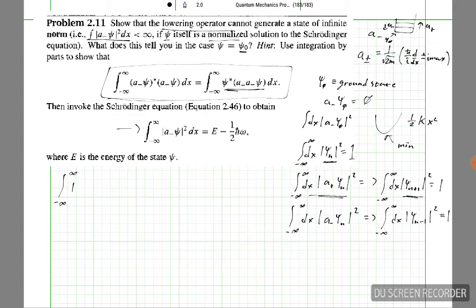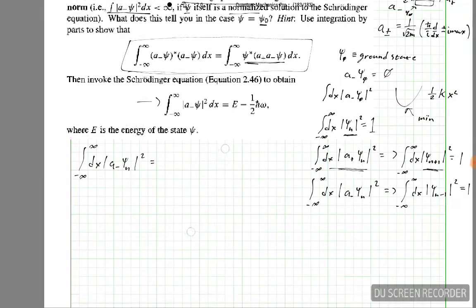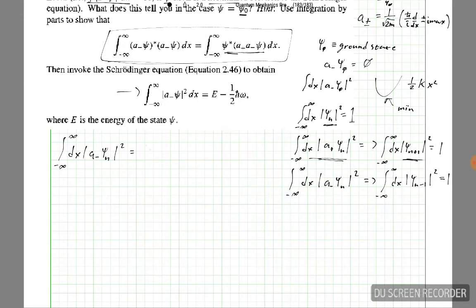Okay, so from negative infinity to positive infinity, what I know is that this should give me some constant. So I want to know what that gives me.